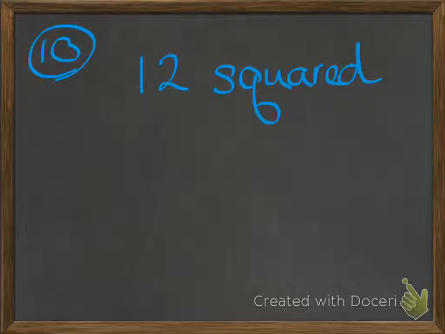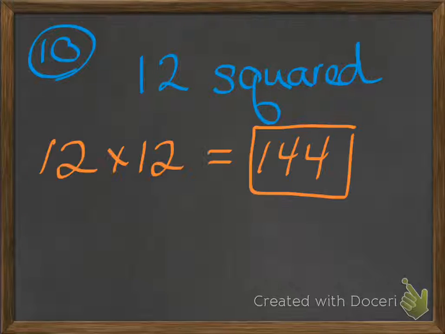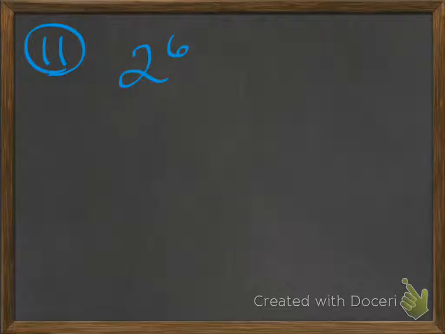Number 10, write the standard form of 12 squared. Twelve squared means 12 times 12, and that equals 144. Number 11, 2 to the 6th power.